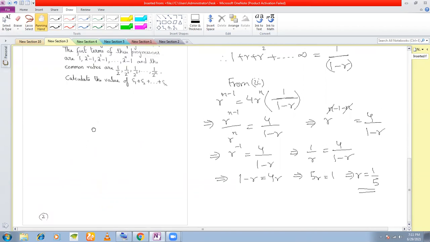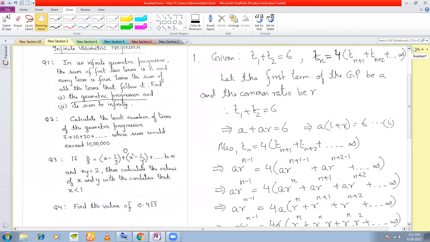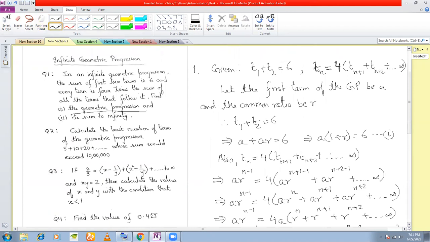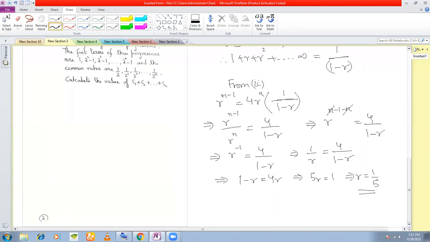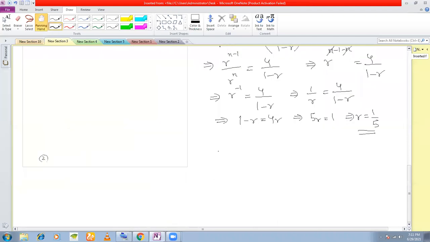How do you find out the first term? Remember, we got equation 1 here. Put the value of r in this. So from 1, a into 1 plus r is equal to 6, right?